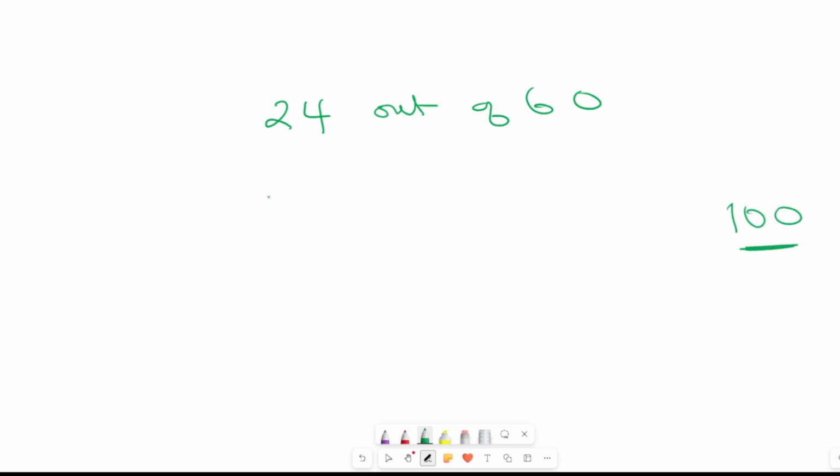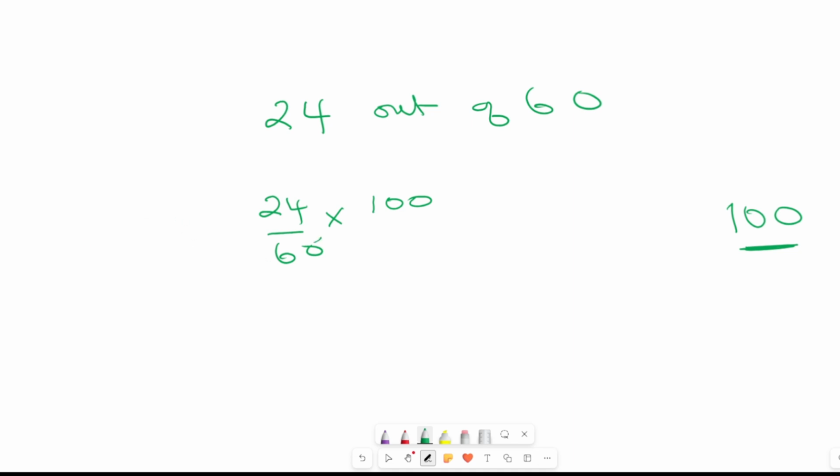So having 24 out of 60, which is also a fraction of 24 over 60, I can express this quantity as a percentage. Then it becomes easy for me to handle. So all I need to do is multiply that by 100. And once I multiply any fraction by 100, I find the percentage of that quantity.